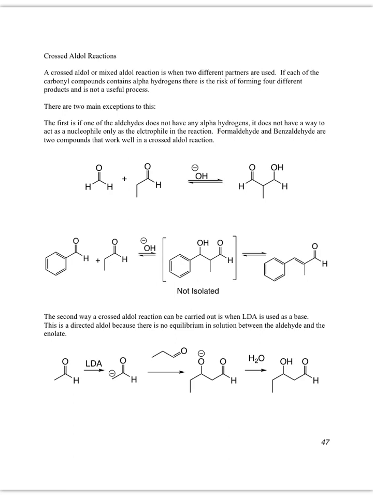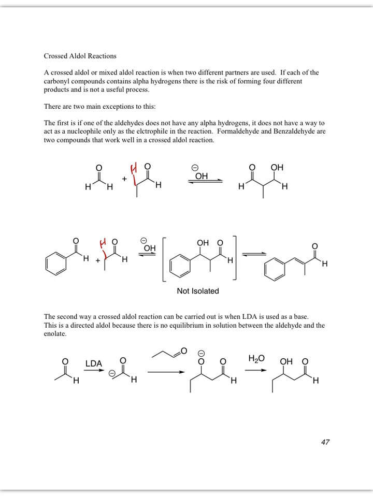So for this, we can do a crossed aldol, as I showed on the previous page, where we have one compound that has alpha hydrogens and one compound that doesn't have alpha hydrogens. And as long as only one of them has alpha hydrogens, we can control what happens in the reaction and only get one product.